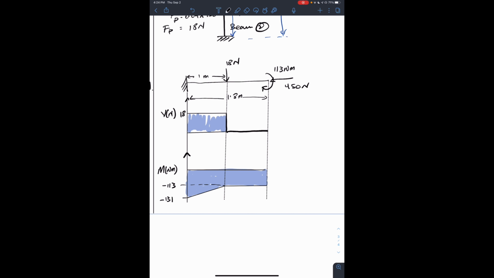Right, so our Vmax is 18 newtons and our Mmax is 131 Newton meters.